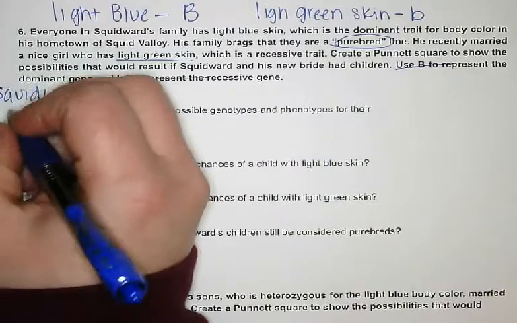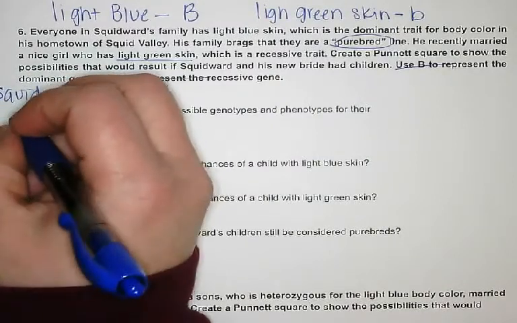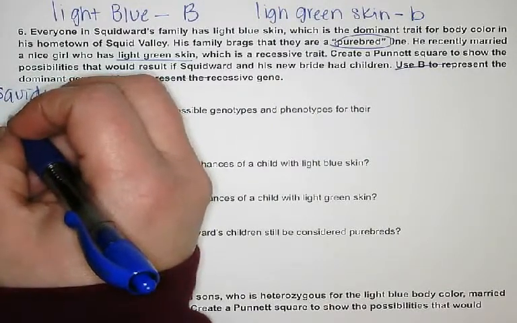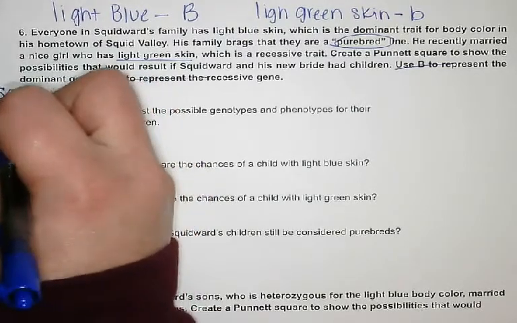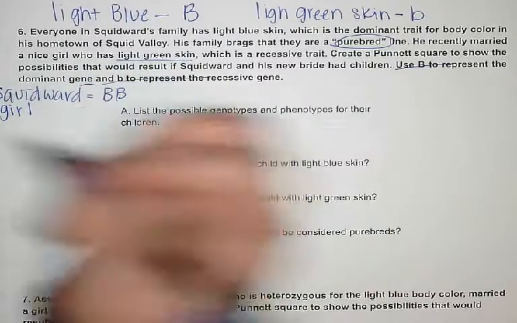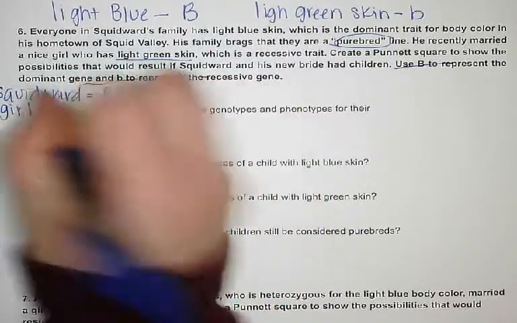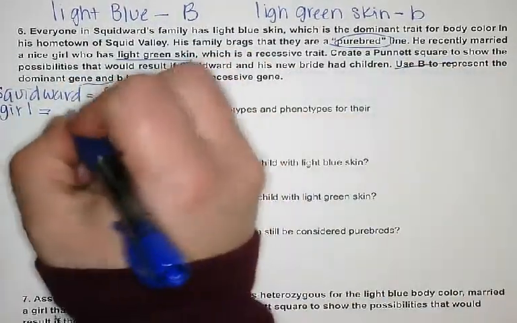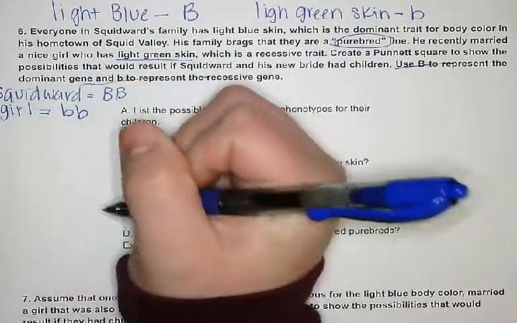And then the girl, does she have a name? It just says girl. Since she's green, she's homozygous recessive. So she's little b, little b.